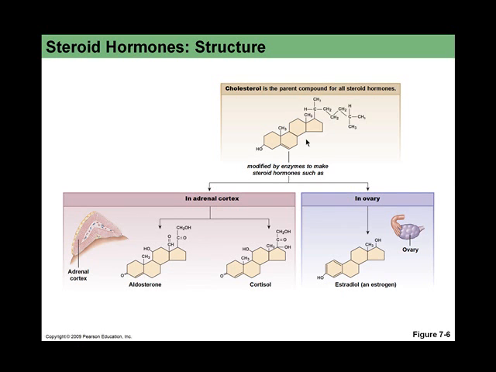I want to draw your attention to these molecules. You should be able to recognize and identify each of them. So estradiol, a diol, it's an alcohol, meaning that it has an OH group. Diol, meaning there's two of them. So there's two OHs. But let's go back to the cholesterol molecule and just recognize the basic ring pattern.